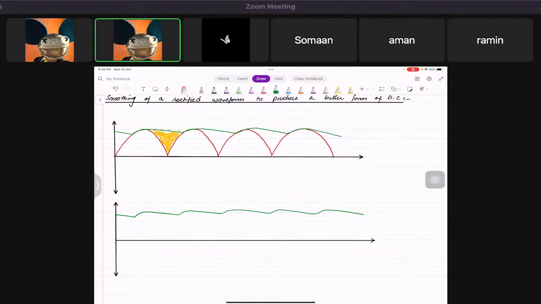So this is basically the smoothing of rectified AC.